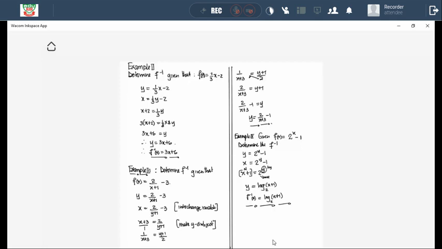So if I'm given an expression like 2 to the power of x minus 1, that's exponential. Automatically, before I even start getting the inverse, I know that the inverse is going to be logarithmic.